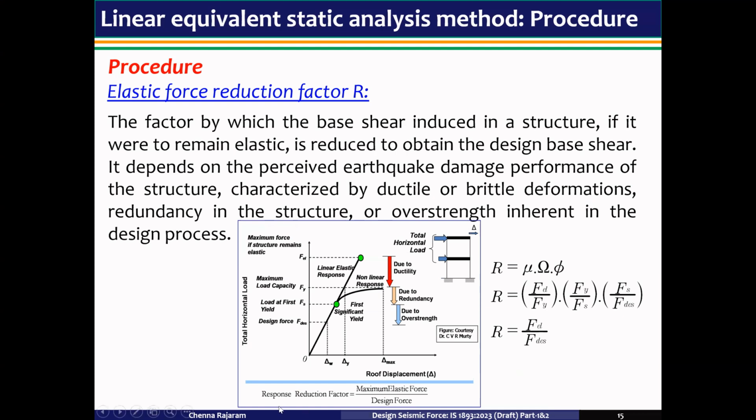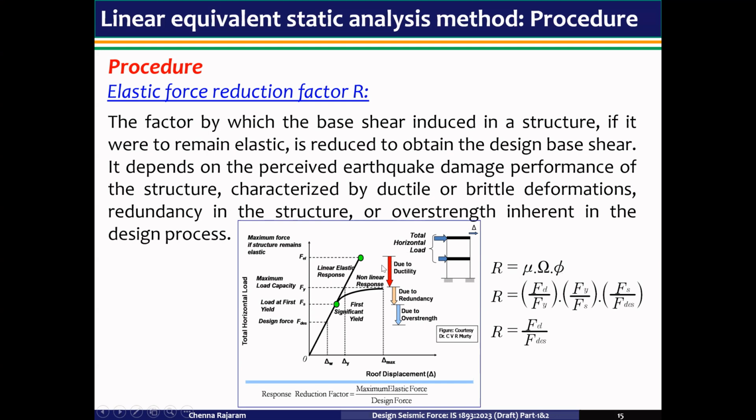A schematic diagram is given here, and the plot is drawn between roof displacement and the total horizontal load. Here, the response reduction factor R is the product of the ductility mu, redundancy omega, and overstrength phi.